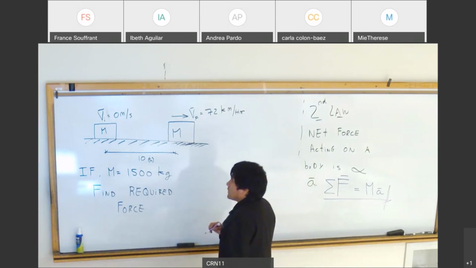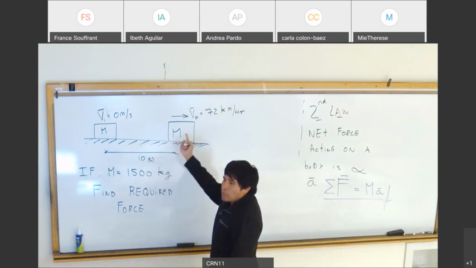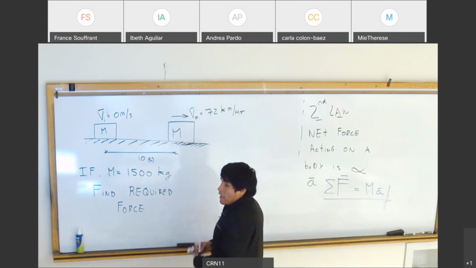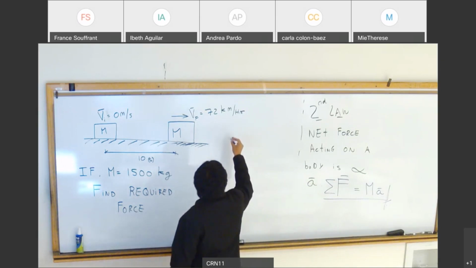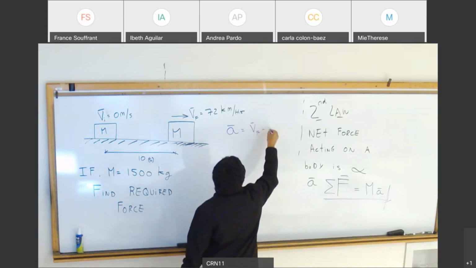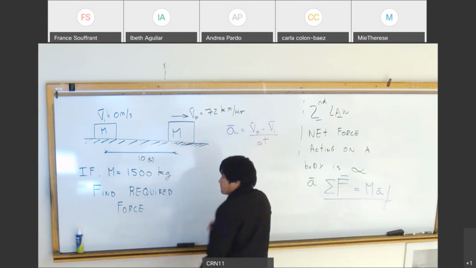Force equals mass times acceleration. We have the mass, we just need acceleration. And for that, we need chapter 2. Remember, the equation that you should have is acceleration equals V final minus V initial over change in time.